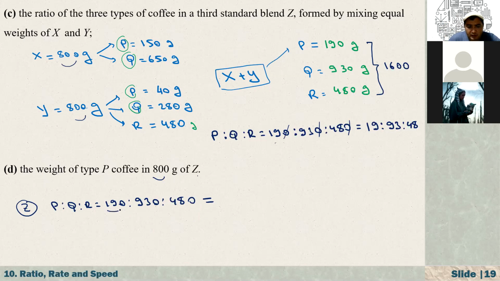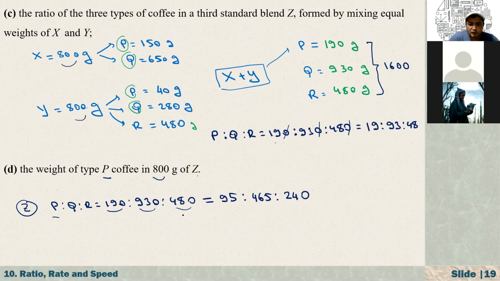Now, if I divide 190 by 2, 930 by 2, 480 by 2, we will get this simpler form. 190 divided by 2 is 95, and 930 divided by 2 is 465. And 480 divided by 2 is 240, right? What is the question?